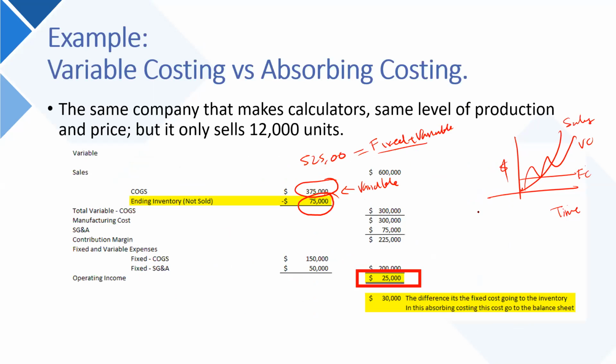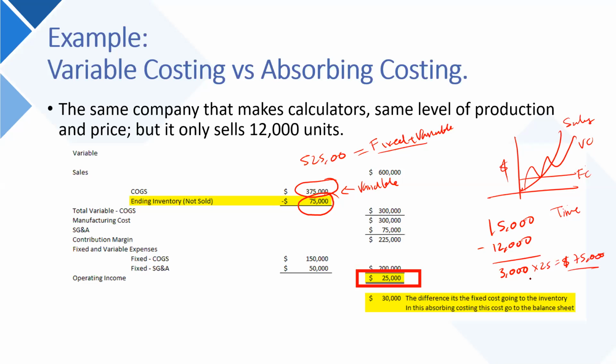We go forward. Here you have it, and again, it's the same. We have 15,000 units of production minus 12,000. That means that we have an inventory of 3,000. And 3,000 times 25 is how much? 75,000.